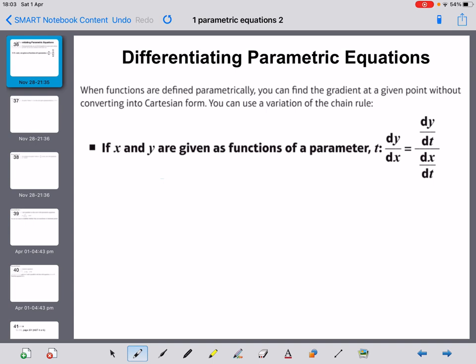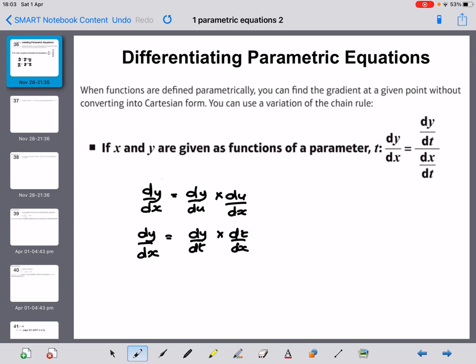Now all that is, that's just come from the chain rule. We know the chain rule, usually we use the letter u: dy by du times du by dx. That's what we know the chain rule as. If I just replace the u with a t, dy by dx will be dy by dt times dt by dx.